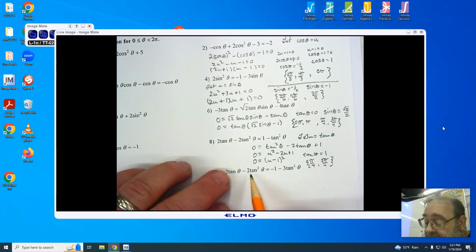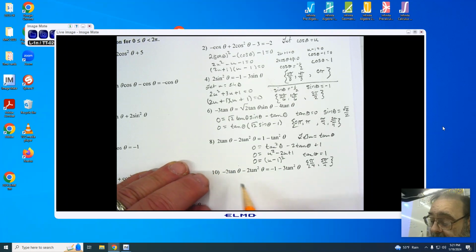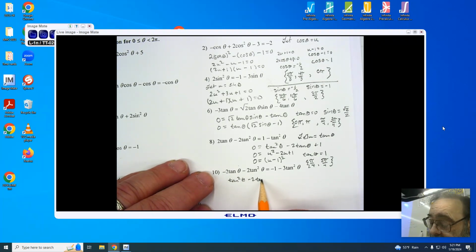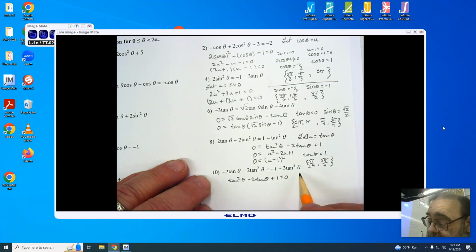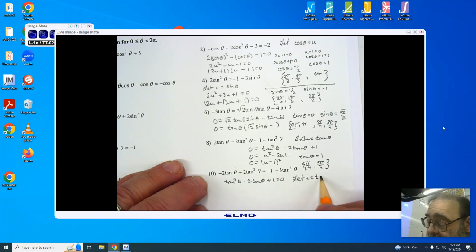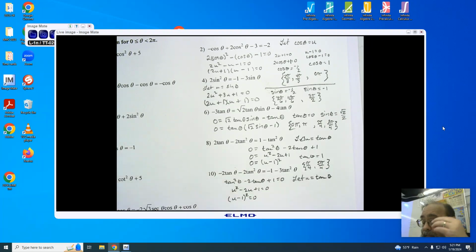Once again, I'm going to make sure that I add the larger tangent that's negative to the other side, so that I end up with a positive tangent squared theta. I have minus 2 tangent theta, and I have a plus 1 equaling 0. Once again, I let u, the dummy variable, equal tangent of theta, and I'm now looking at u squared minus 2u plus 1 equaling 0, and that is once again u minus 1, the quantity squared, equaling 0.